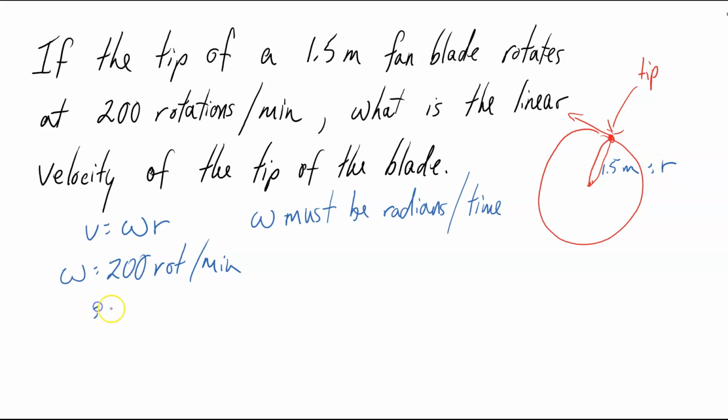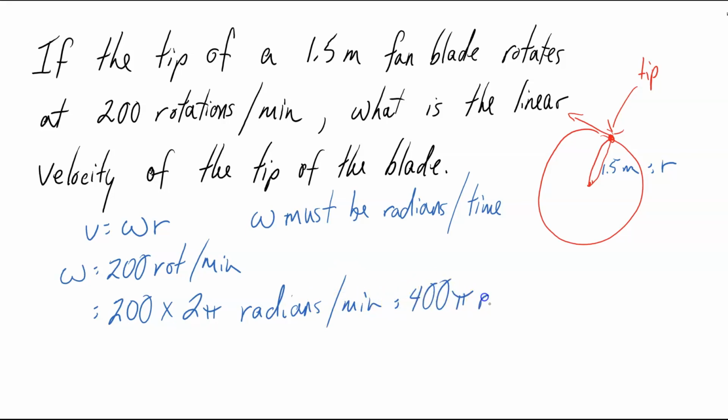So we multiply our 200 by 2 pi to get it into radians per minute, which will be 400 pi radians per minute. And as a decimal, 400 times pi is 1257, as a rounded value, radians per minute.